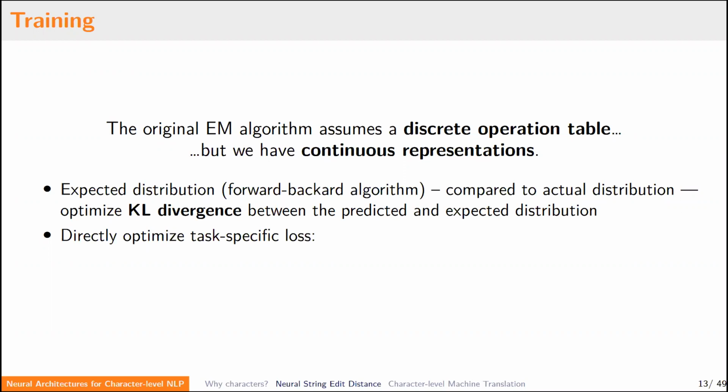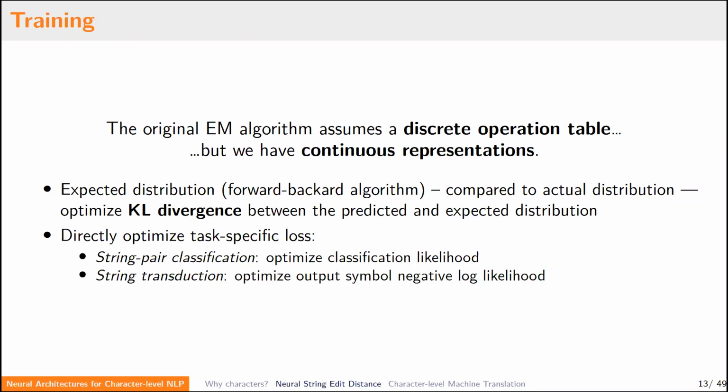You will see later what the tasks are. If it is a string pair classification, we jointly optimize this expectation maximization and the classification likelihood. And if we use the model for string transduction, we also keep optimizing this expectation maximization, and we also optimize the negative log likelihood of the symbols that we want to output.